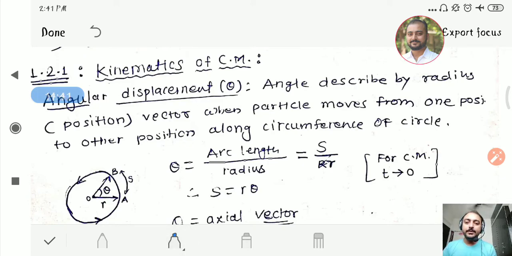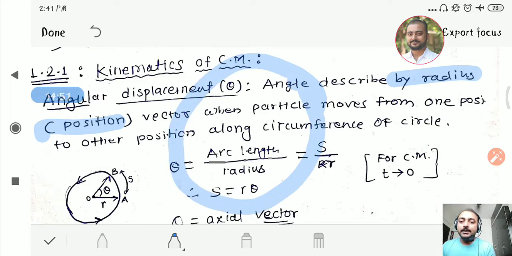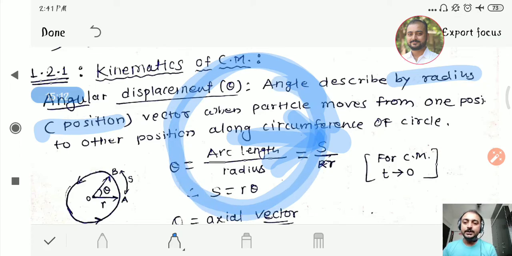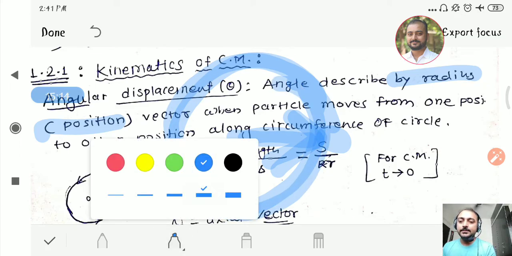So first I am going to explain what the position vector or radius vector is. In case of circular motion, there is the term radius vector or position vector. So what is the radius vector or position vector? The vector which is drawn from the center of the circle to the position of a particle performing circular motion. Listen again to what I am saying.